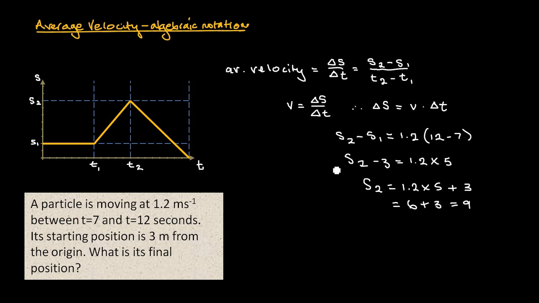Simple algebraic rearrangement, and it can be useful if you're given the velocity, in this case, the average velocity, and you want to find something else, either the time that's elapsed between one point and another, or, in this case, the displacement, the amount that the particle has moved. So its final position, let's just write it out in full.